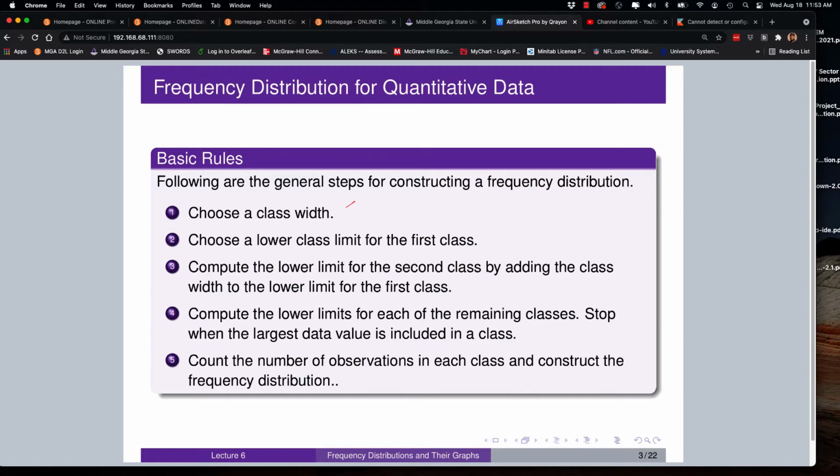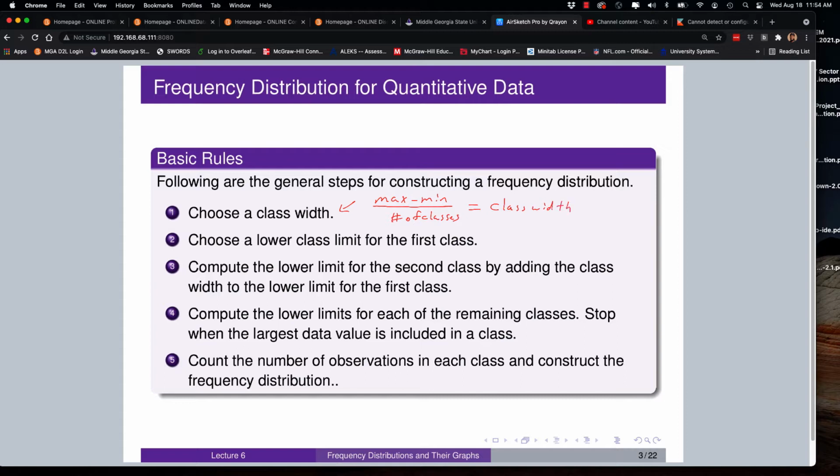What some people will do is decide how many classes they have, and then to choose their class width, they'll take the maximum value in their data set minus the minimum value in the data set. That gives you the range, as we'll learn later on, and you divide it by the number of classes. That'll give you your class width.